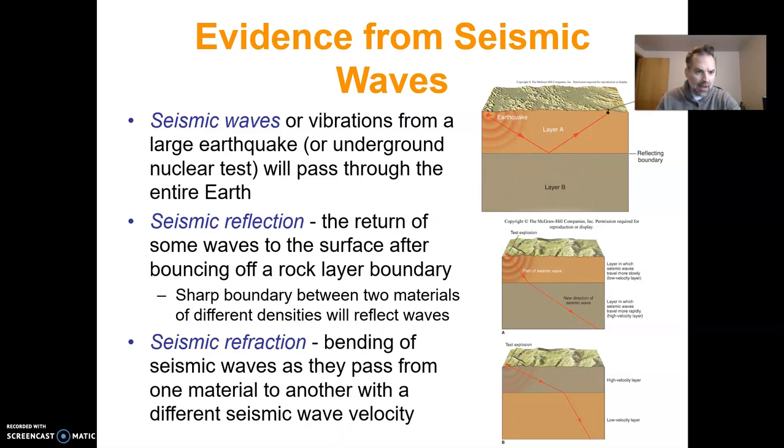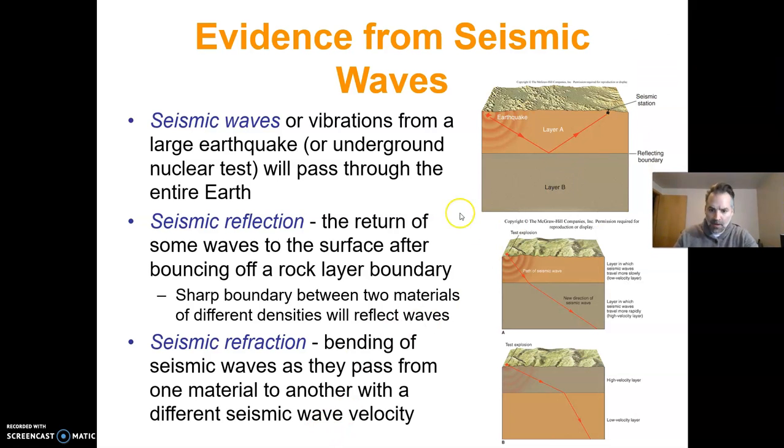So when these waves are moving through a rock body and they hit different layers that have different properties, they're going to either reflect. Let me go back. This is just up here. It's showing the earthquake.